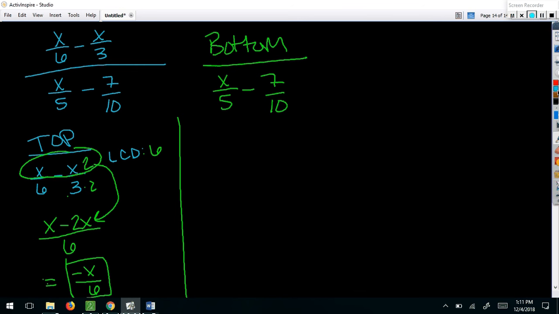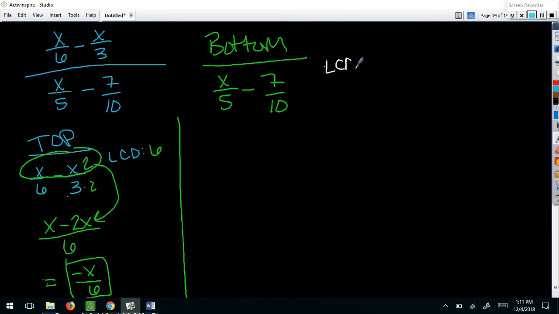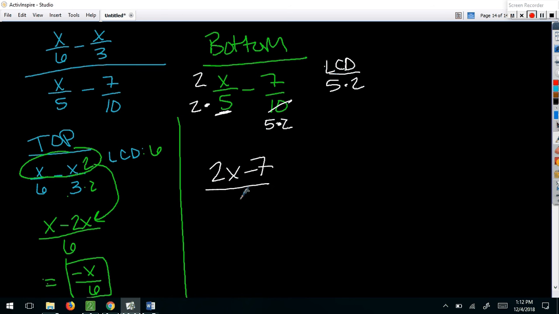What is the LCD? 10. If you do not understand how to find the LCD when there are just numbers in there, if you write this as a prime factorization, you will see this has 5. I don't need to repeat, and I have a 2, so this one needs a 2. Does that make sense to everyone in here? To combine the numerators, I have 2x minus 7 over 10. Is anyone confused by that?